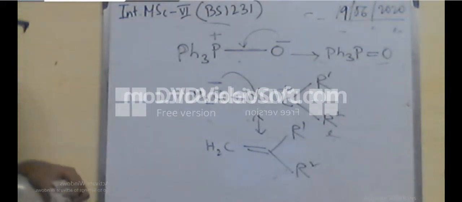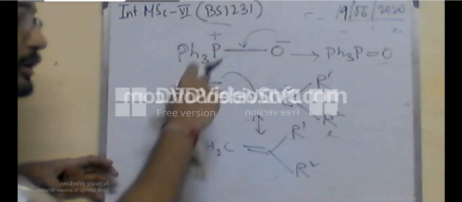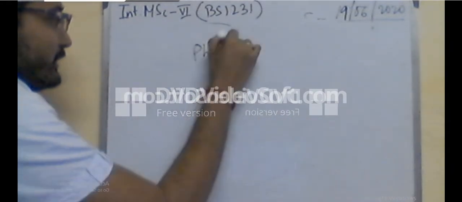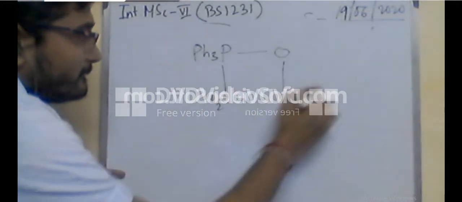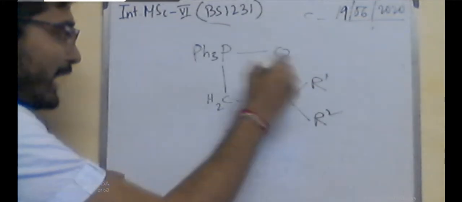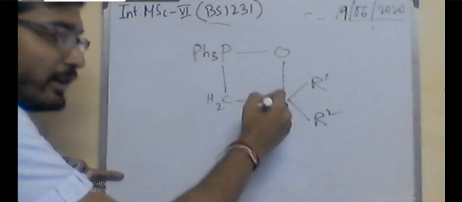Now in this case you will not show this mechanism in a stepwise manner, you have to do it in the concerted pathway. So the mechanism will be like this. After formation of the betaine, sorry, the oxaphosphetane, like PPh3, after formation of this, either you can break this bond and then revert back here, or you can break this bond and revert back here. So this is the mechanism, and here you will get a 4-membered cyclic transition state.